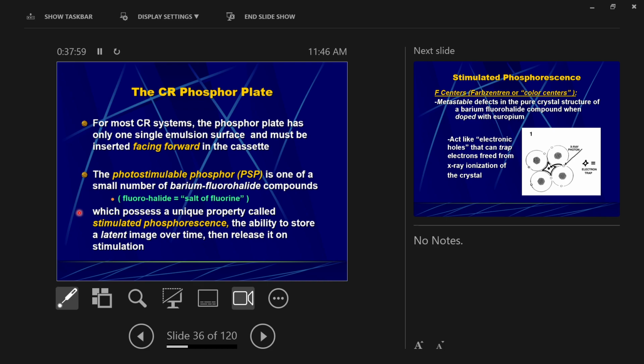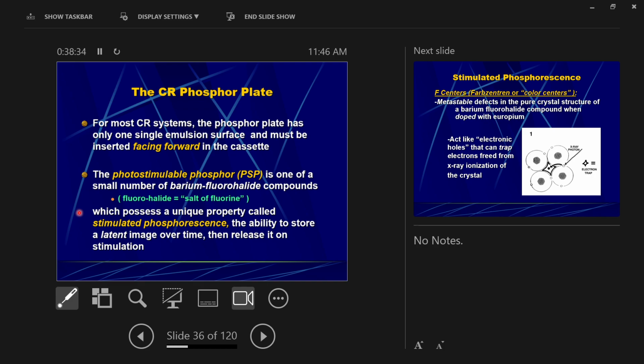Then you take that plate and put it into a processor. Okay? Inside the processor, using special lasers and mirrors, the X-ray energy is released from the plate as visible light. That visible light is captured and read by the computer, telling the computer what's on here. Okay? But the energy from the X-rays has to be stored on the plate, then the plate has to be brought to a processor. Okay?